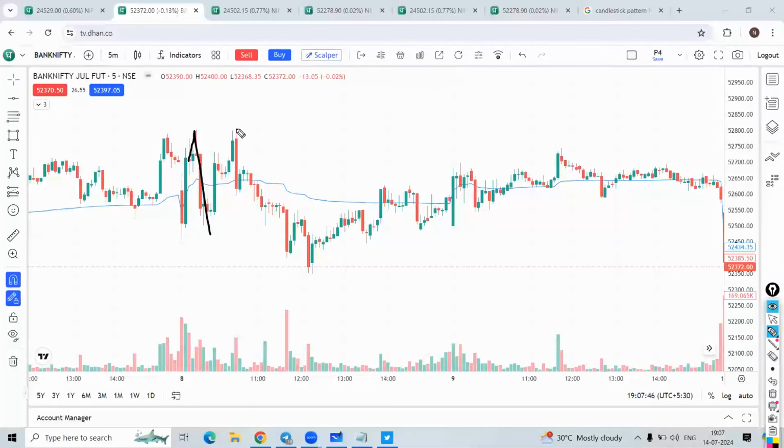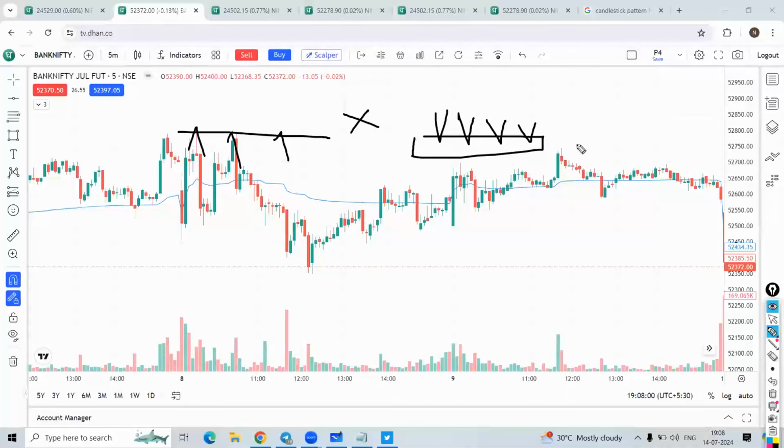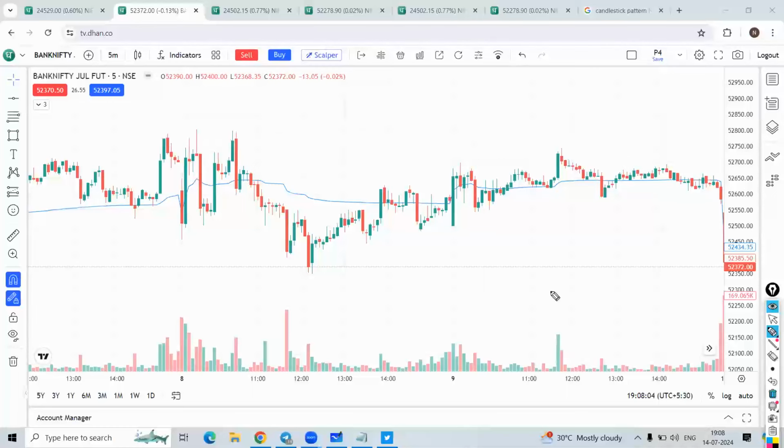This is the area of fast rejection, fastly rejecting. I am not bothered whether it is one time, two times, three times rejecting. No. Even if it is 10 times rejecting, I want fast action. Slow action, I'm not bothered. Here price is rejecting faster. Price rejecting faster. Right?